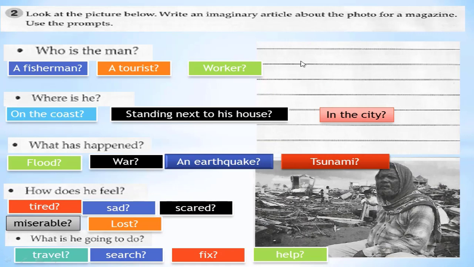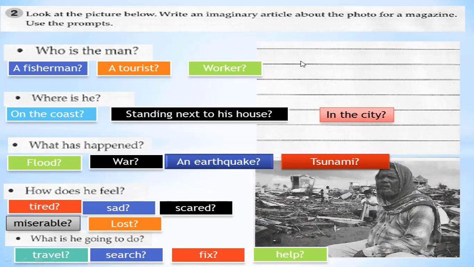We go back to the earlier exercise in the course book, when I say you have to write a topic sentence before you begin any paragraph. Look, this is an article. An article actually contains lots of paragraphs.